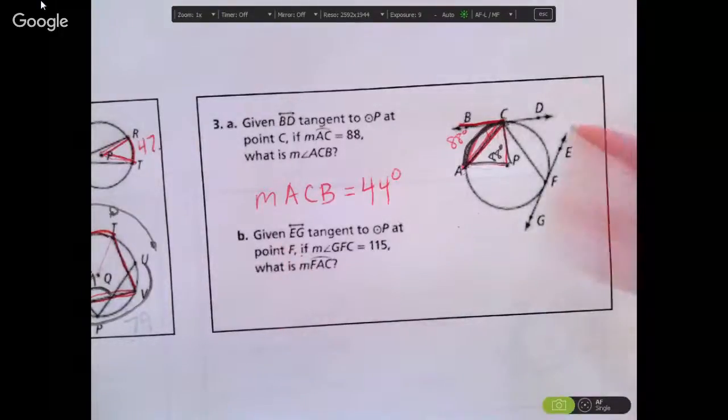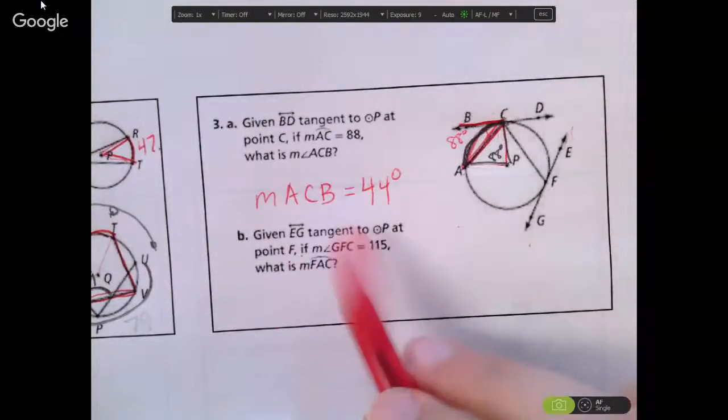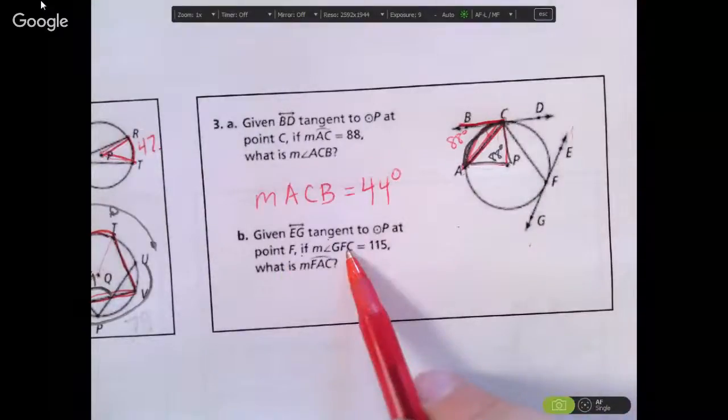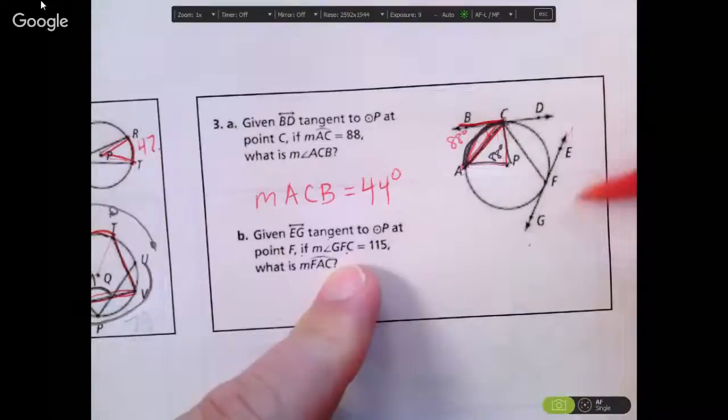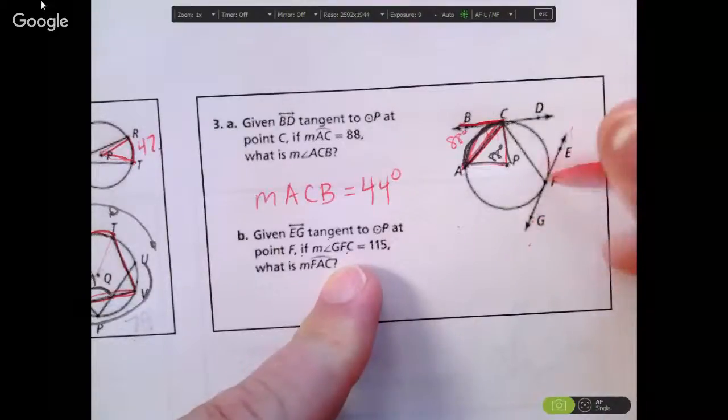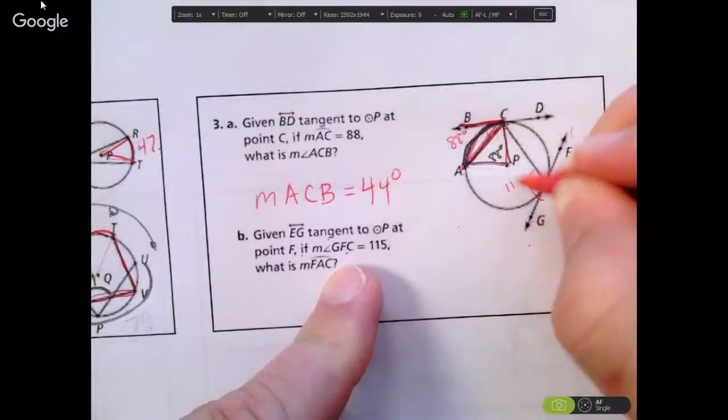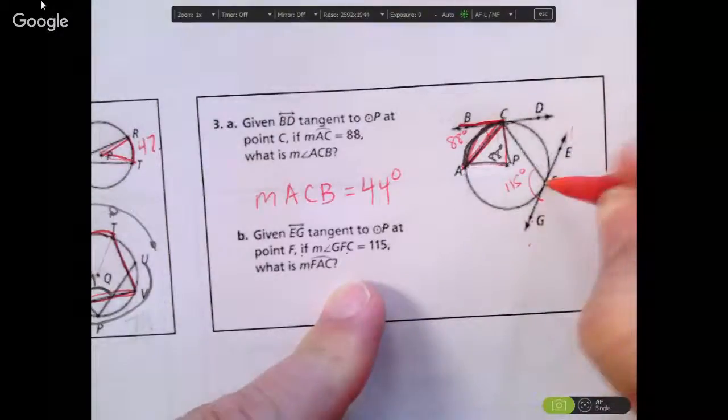EG is a tangent to P. If the measure of angle GFC, this angle right here, is 115 degrees, then what is FAC?